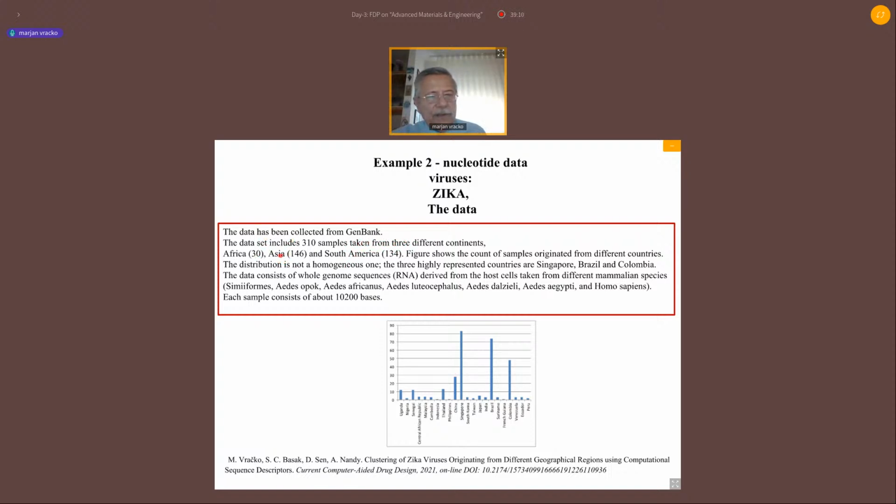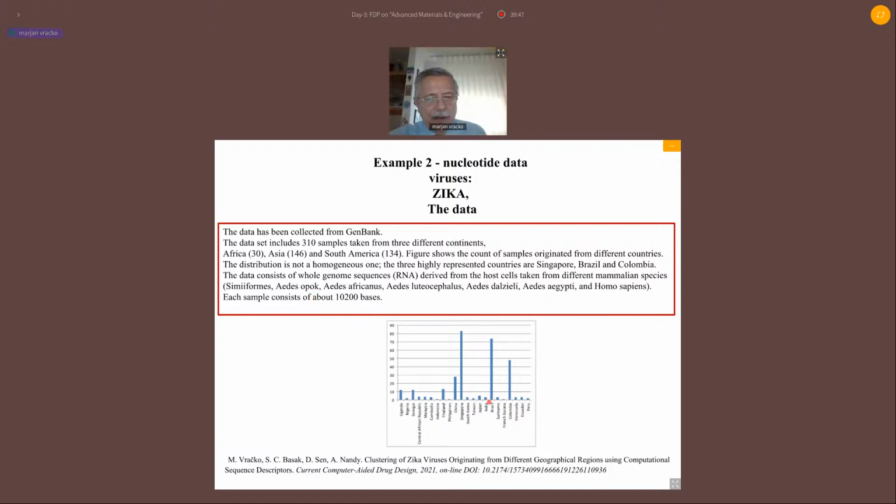The set includes 310 samples taken from different continents, Africa, Asia, South America, and each sequence contains the whole genome sequence of the virus. This is about 10,000 bases, nucleotide bases like adenine, thymine, uracil, guanine, and they were taken from different mammalian species.